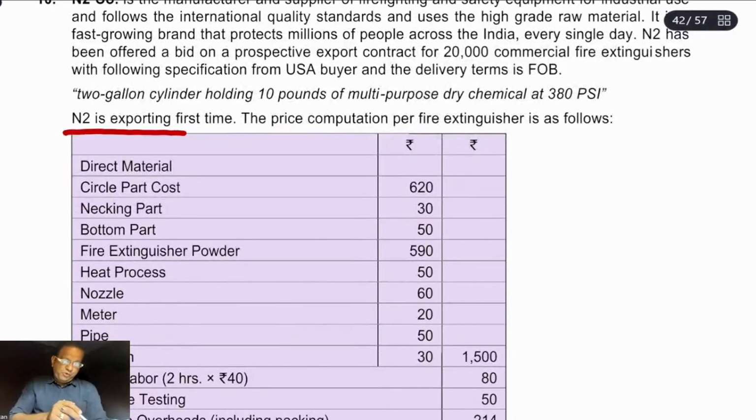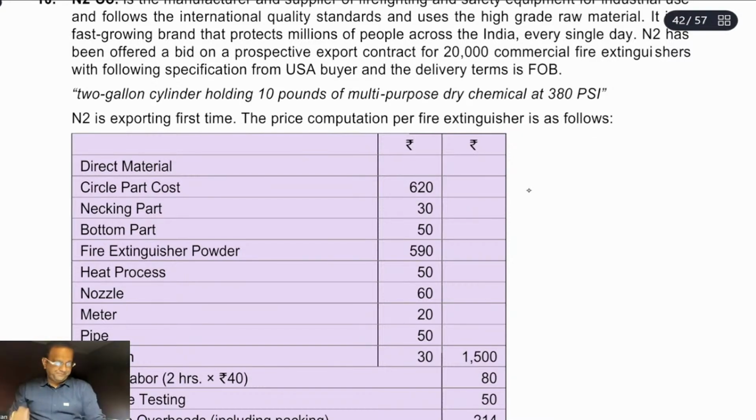N2 is exporting for the very first time. Right now, all the customers are located in the same country. For this first export, the price computation per fire extinguisher is as follows.